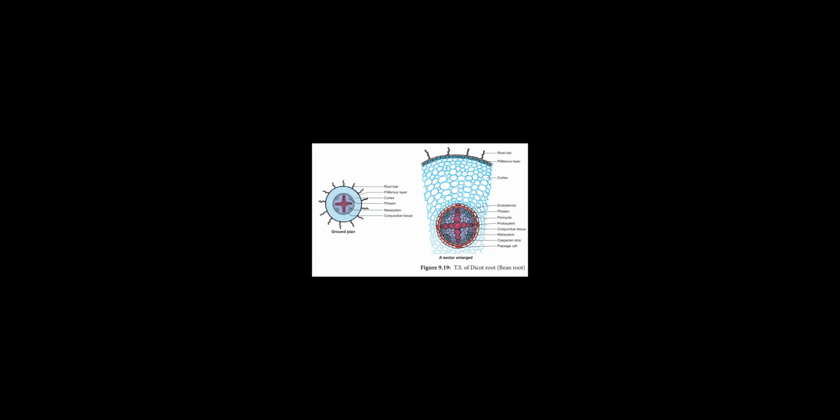Now if I show you in these pictures, first of all, dicot root. Which category of vascular bundles are these?